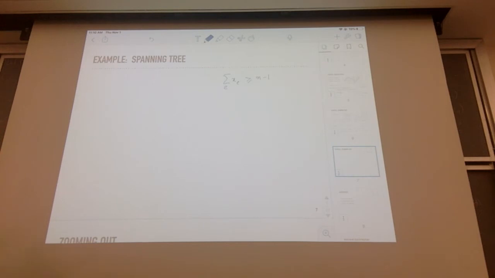This looks reasonable, but it doesn't enforce connectivity. You could have ones like this, and you could have a 1 over here. You could have a cycle. In this case, you have 5 vertices, and you've picked 4 edges. If you could additionally enforce that there were no cycles, this would be great.